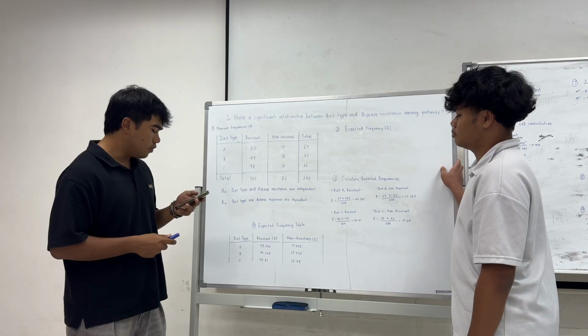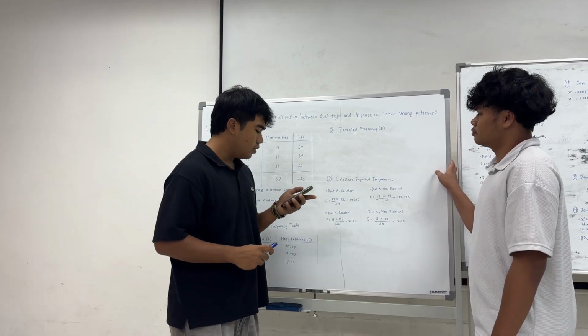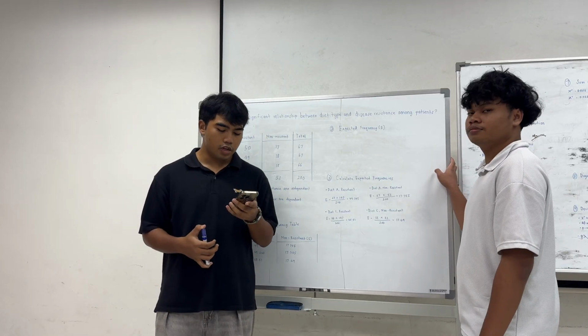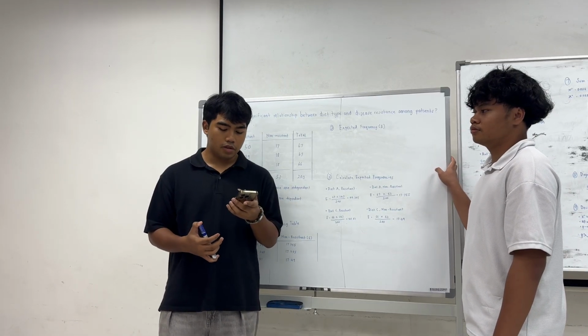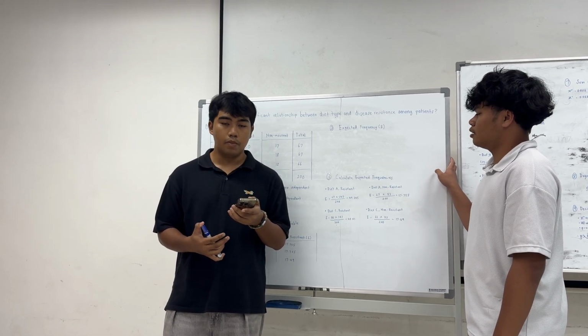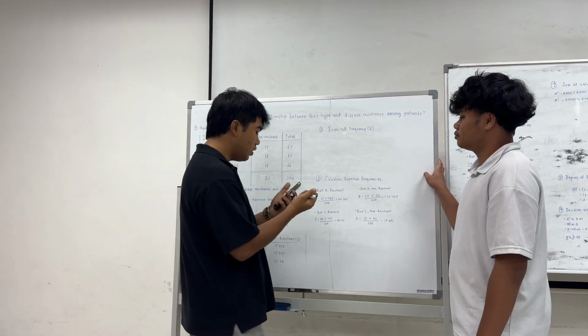Now let's move on to step 2, expected frequency. Expected frequency represents the number of observations we expect if the null hypothesis is true, meaning there is no relationship between diet type and disease resistance. So let's write the formula clearly.